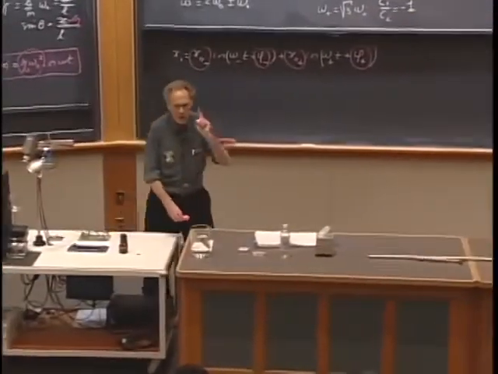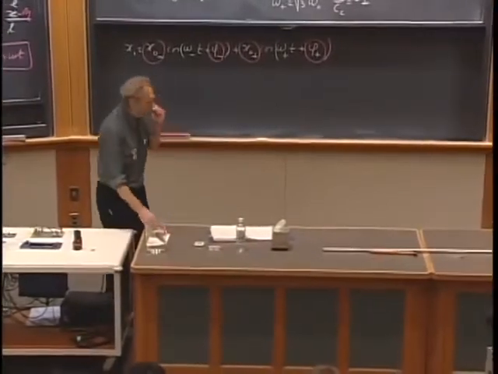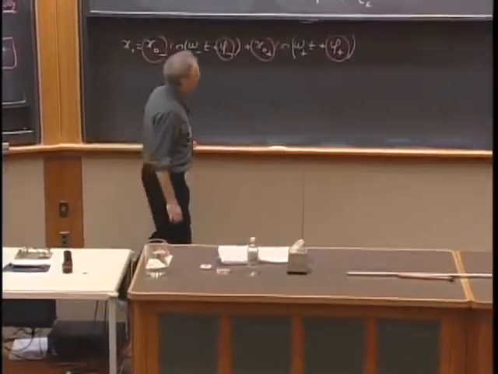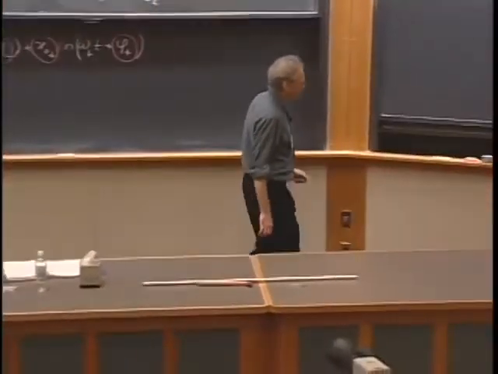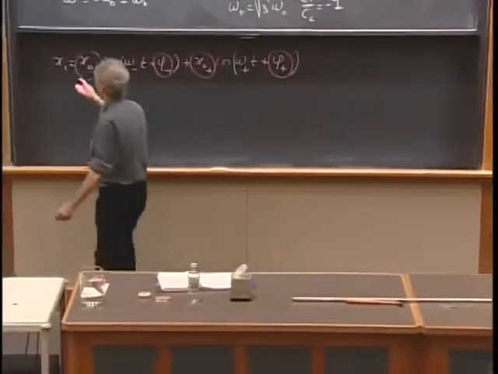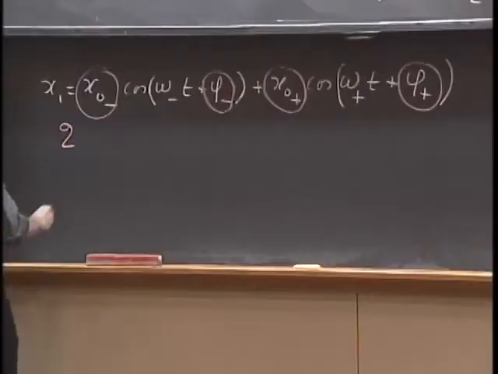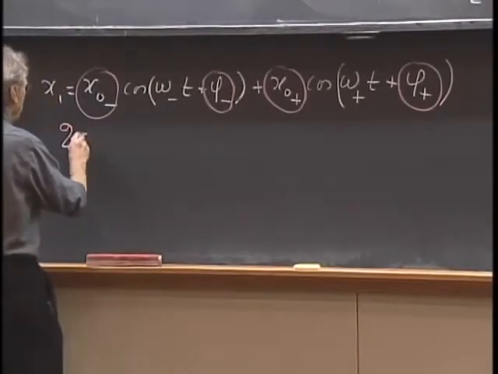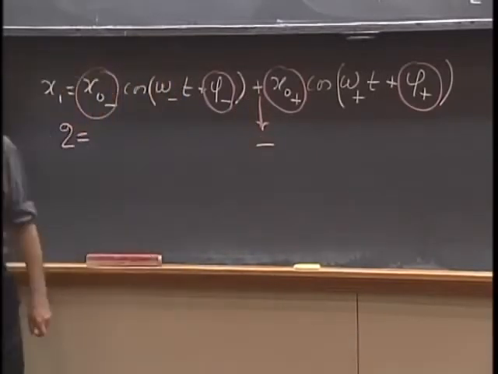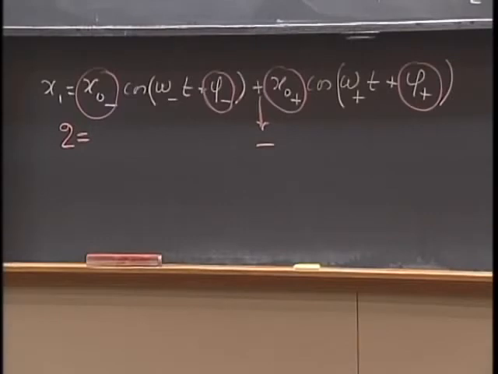There is no longer any freedom for x2, because all 4 adjustable constants have now been consumed. And so you can write down the solution for x2 by simply making this one a 2, and this whole term here is the same. The only difference is that this plus sign now becomes a minus sign. Nothing else is different.